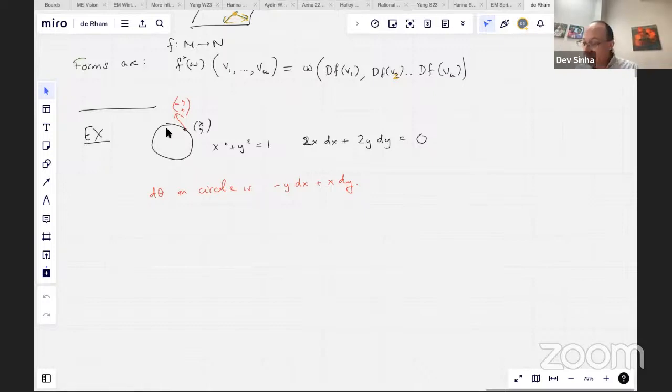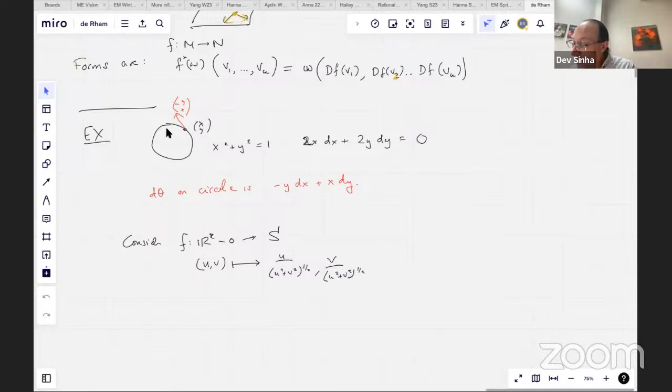But let's then give another derivation. Let's try to extend it to all of R2. So use this pullback notion. So consider f from R2 minus the origin to this circle. That's going to send, I'm going to use 2 different sets of coordinates, (u, v) to (u over u squared plus v squared to the 1/2, v over u squared plus v squared to the 1/2).